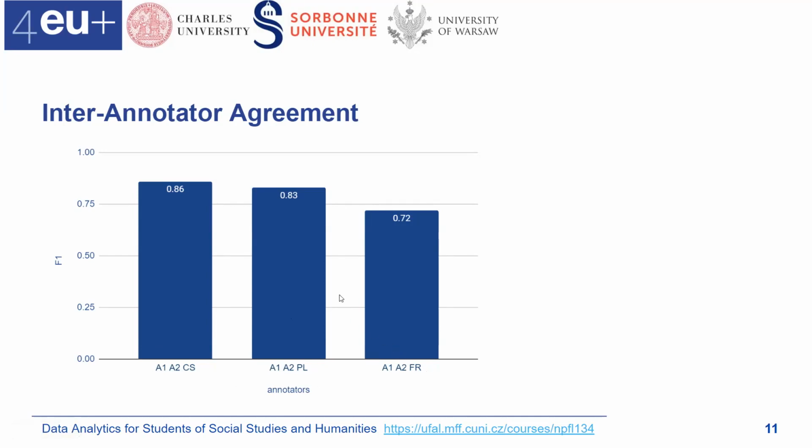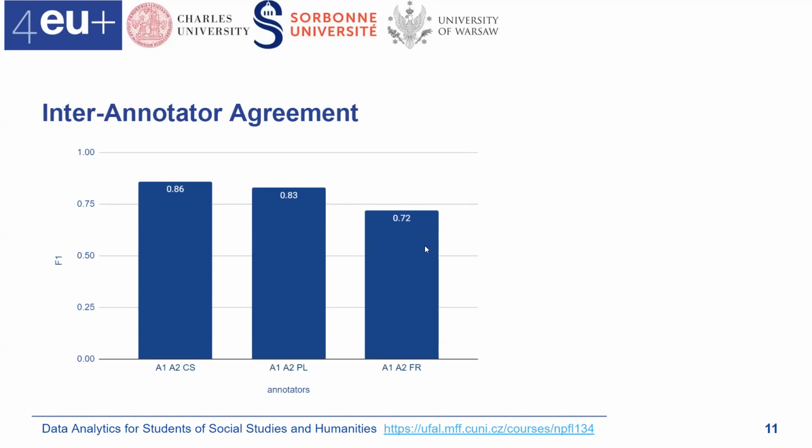I would say that I'm rather happy with the numbers I can see, and for sure we have to open both annotated versions and resolve the discrepancies between the annotators to get real gold data.